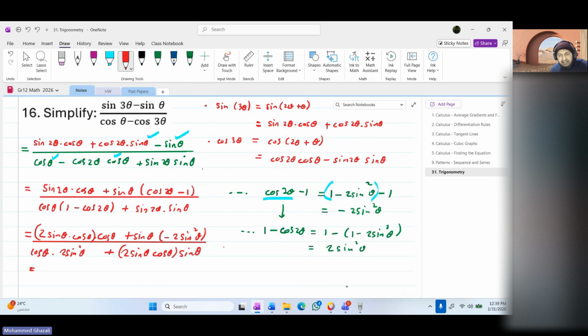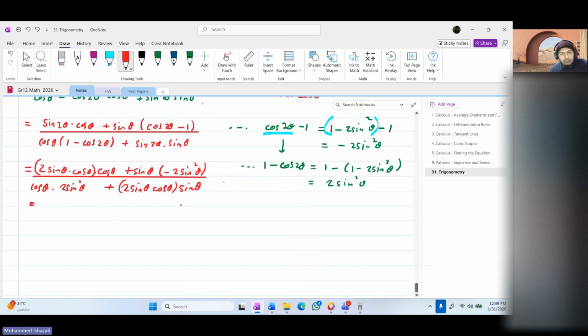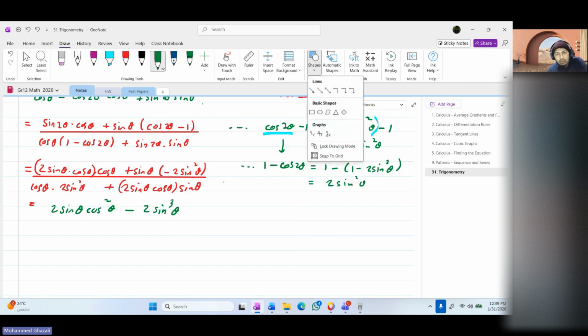Remember, we're just trying to simplify this. Now the first part over here is 2 sine theta cos squared theta minus 2 sine cubed theta. Yeah, that's what we have here, all over.